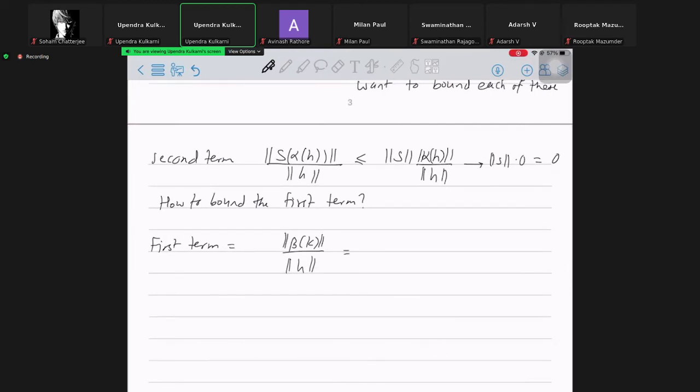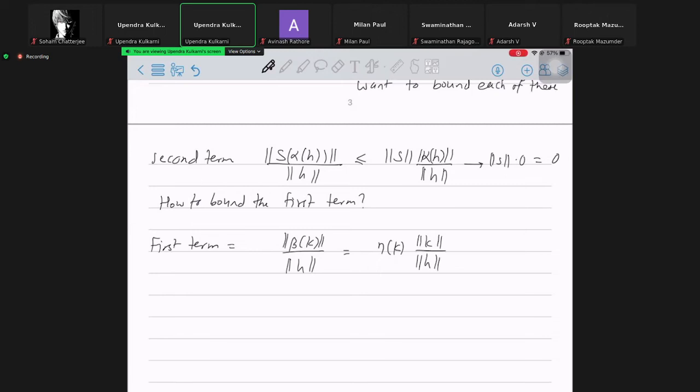So what does this give me? I can replace norm beta of k by eta of k, which is just a real number, which could be 0. But I'm happy if it is 0, because I want to drive this term to 0. Times norm of k divided by norm of h.